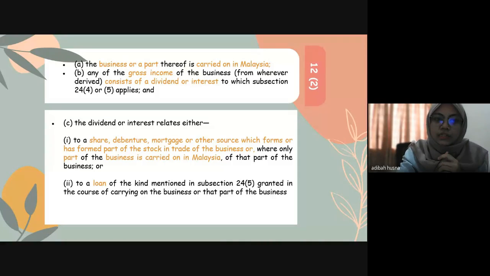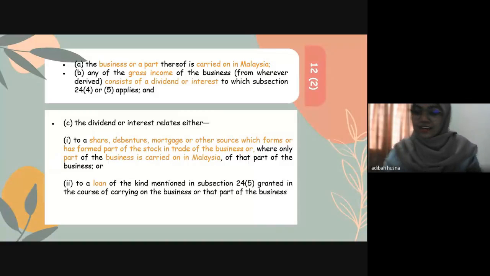The dividend or interest relates either to a share, debenture, mortgage or other source which forms or has formed part of the stock in trade of the business, or where only part of the business is carried on in Malaysia, of that part of the business, or to a loan of the kind mentioned in subsection 24(5) granted in the course of carrying on the business or that part of the business. For example, under subsection 12(1), later I will continue with the example because I missed the example.